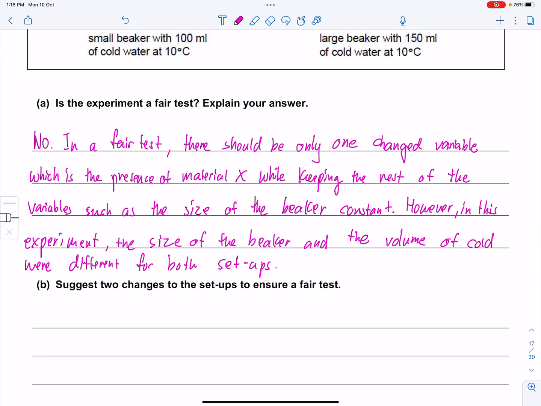So suggest two changes to make it a fair test. So basically, it's to make it the same, right? So you either change the big beaker to a small beaker, or you change the small beaker to a big beaker. Okay? So the first one would be to change the large beaker to a small beaker.